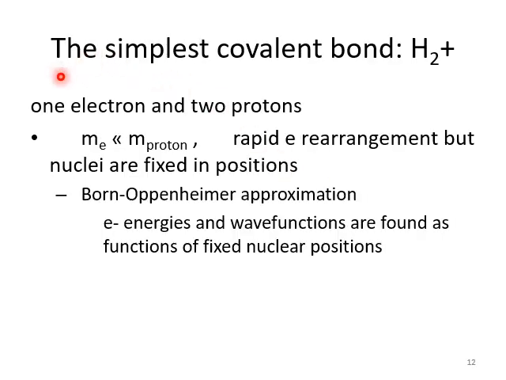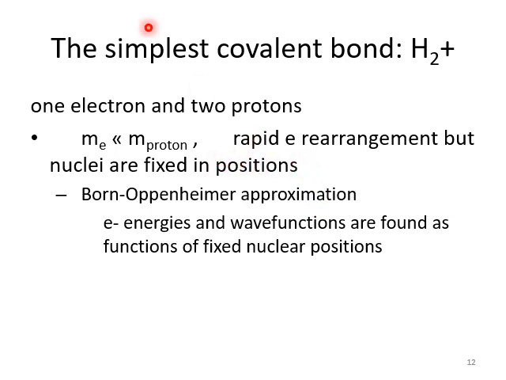In a real molecule, the simplest covalent bond is H2 plus, right? So just one electron and two protons. And we're going to deal with this system in approximation, and I'll just tell you the name of the approximation here and then talk about it later on when we actually get to the molecule itself.